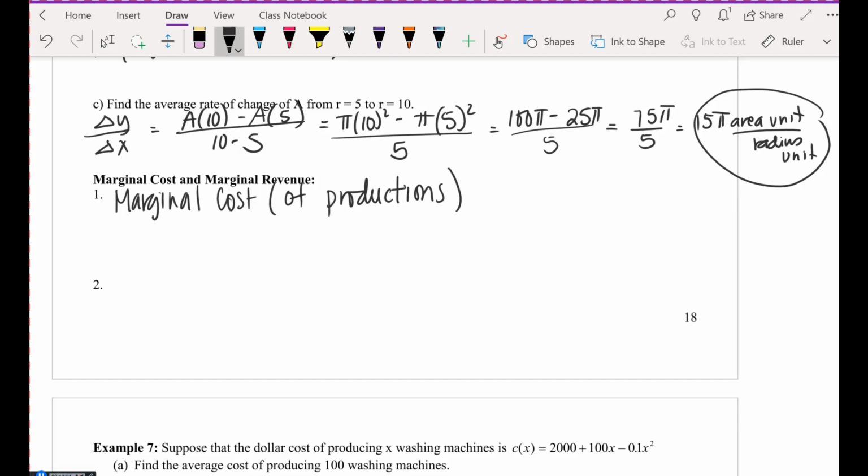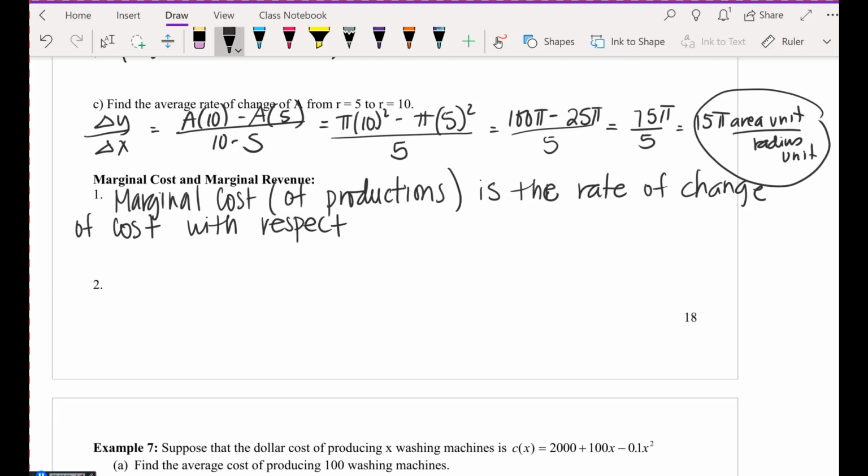Marginal cost is the rate of change. Whoa, that word again. The rate of change. What is that? The slope. It's the rate of change of cost with respect to the level of production.